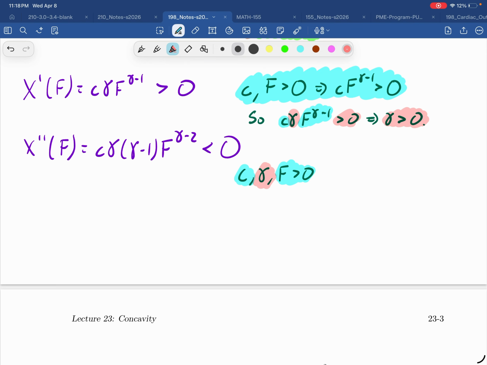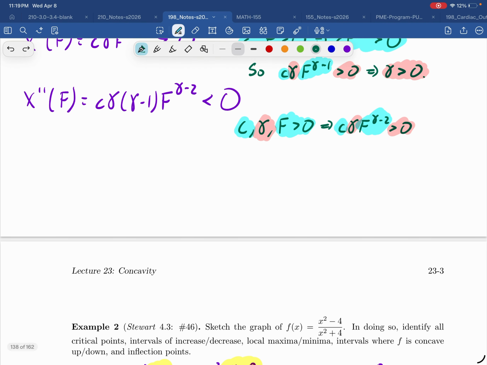And this is going to imply that C gamma F to the gamma minus 2 is also greater than 0. This comes from a combination of what we assumed and what we just figured out over here, okay?